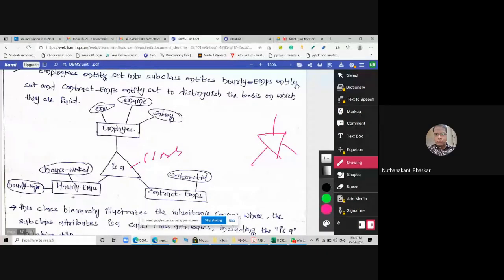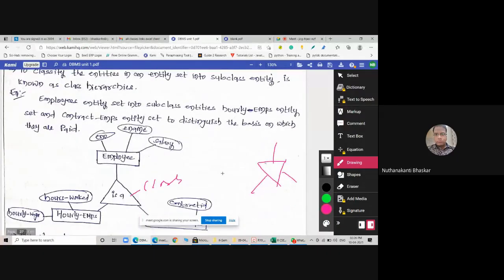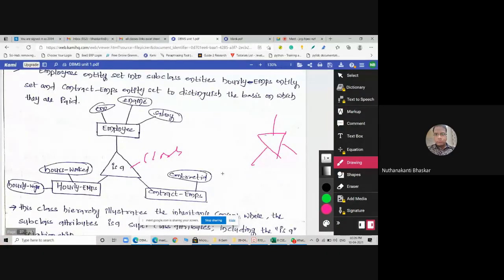Every employee has employee number, name, salary. In the same way, contract employee also has its own attributes along with its parent class attributes. So that's why we are reusing the attributes. Clear? So this is exactly the class hierarchy. You can define class hierarchies in the ER model also. Now understood this?